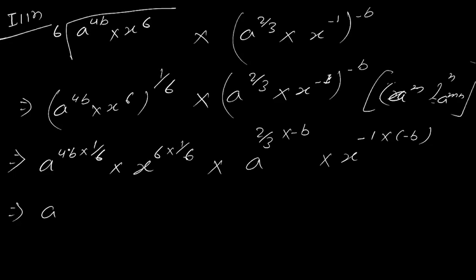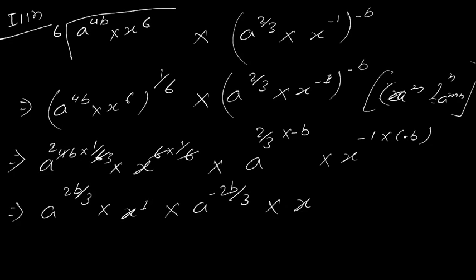a to the power, 2 2s are 4, right, and 2 3s are 6, so a to the power 2b by 3 multiplied by x to the power, this cancels, so it will be 1, right, multiplied by a to the power minus 2b by 3 multiplied by x to the power, this minus minus will become what?